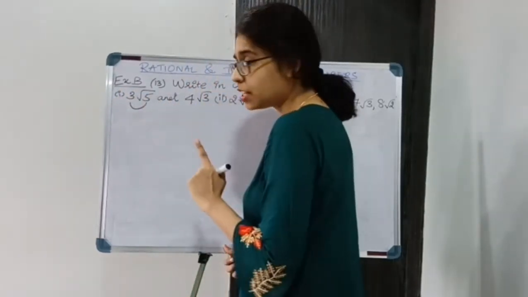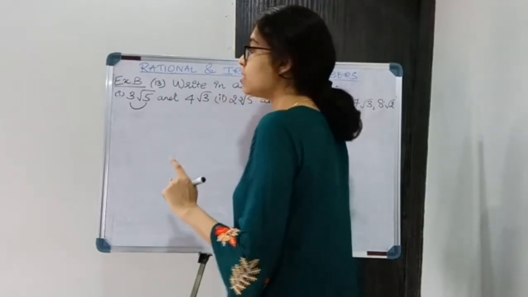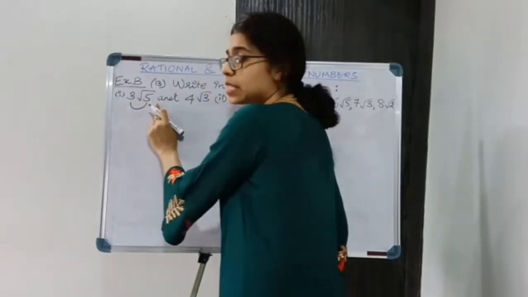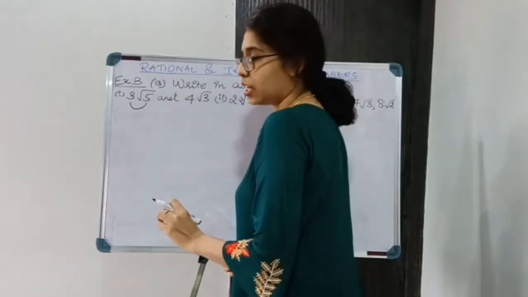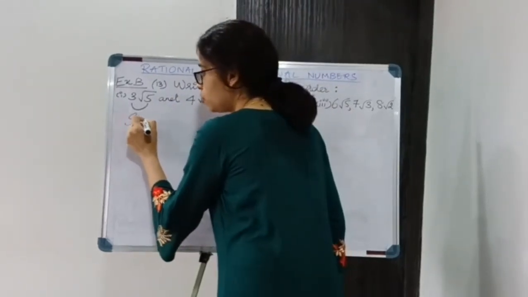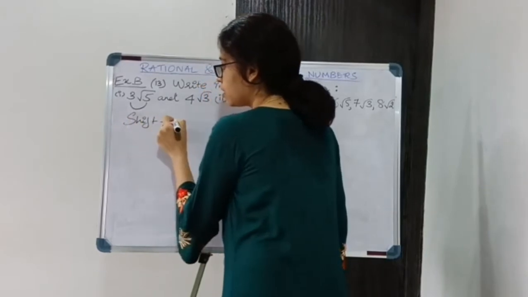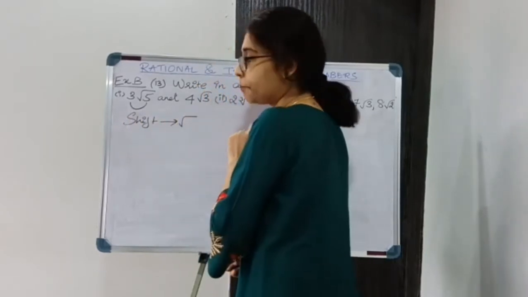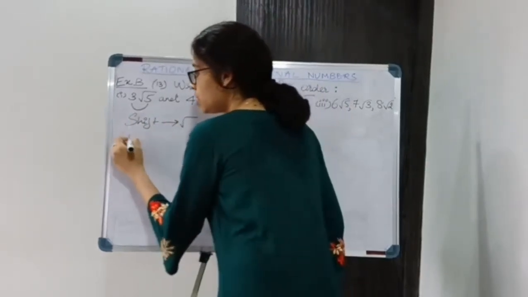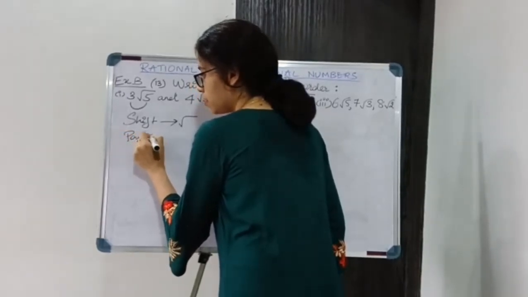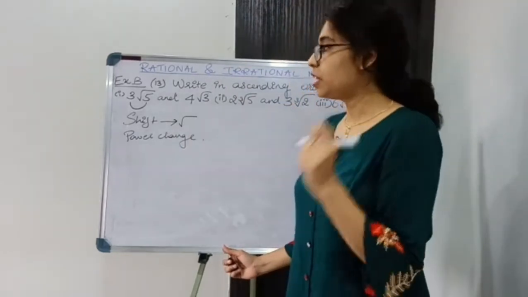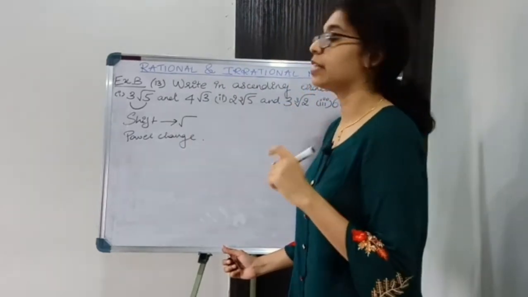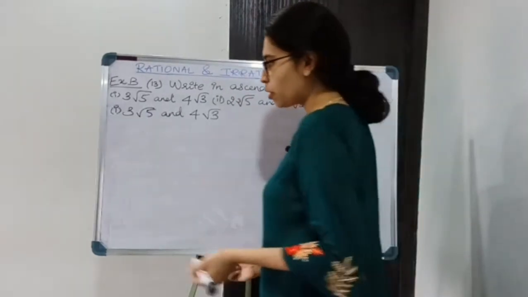Second thing is, when you shift the number inside the root, its power is going to change. So first thing you have to do is shift it inside the root, and the second thing you have to do is change its power. So you have to keep these two things in mind. So let us start solving.